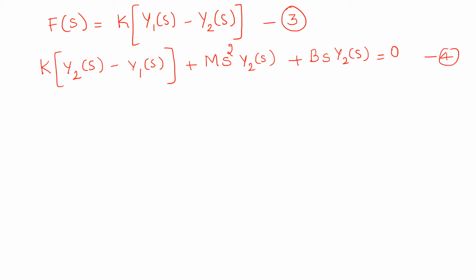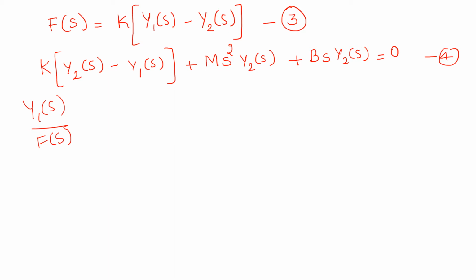This is equation 4. Now what is the transfer function we need to obtain? It is Y1 of s by F of s. In order to obtain it, we need to eliminate Y2 from equation 3 and equation 4.